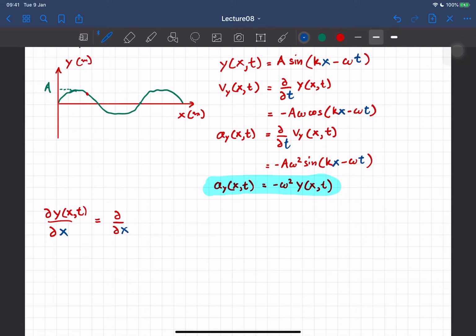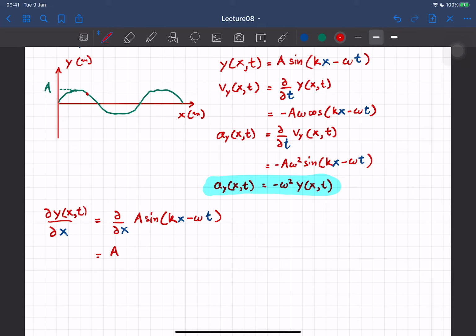So just to make it clear, I'm gonna copy down this line first so that you can see what I'm getting at, right? It's the partial derivative with respect to x. So anything other than x you can treat as constant. So time is constant in this line here. So when you do the derivative, you're gonna have something that looks like this.